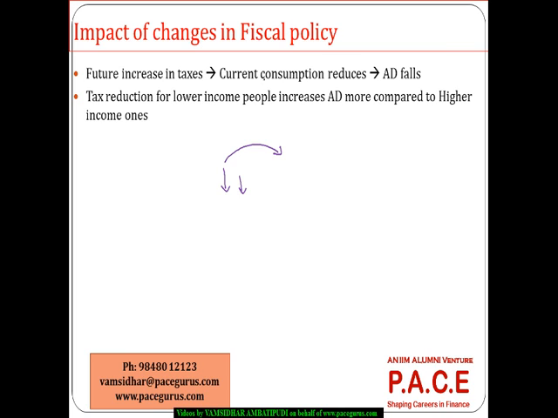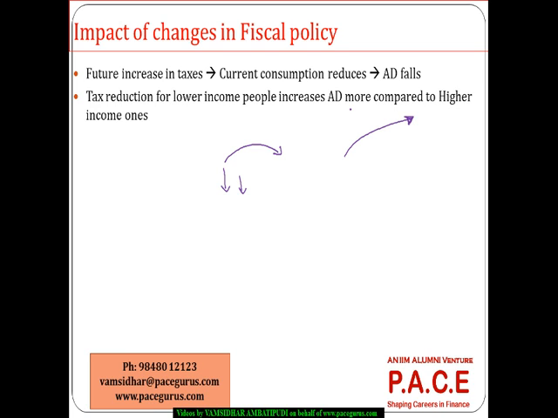And with tax reduction, generally people who are already in the high tax bracket, even if the tax is reduced, may not consume anything more. Their consumption levels may not change that drastically, because they have been consuming to the fullest even though the tax is higher, because they have that additional personal disposable income.